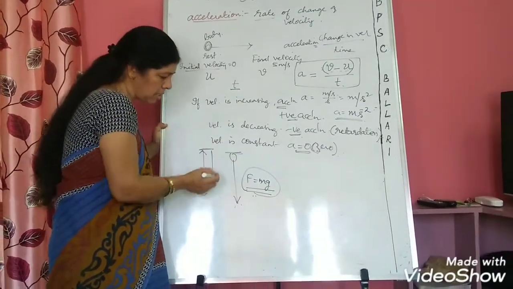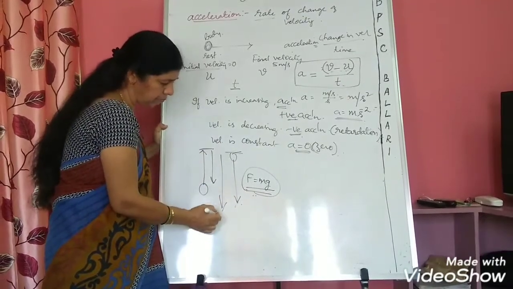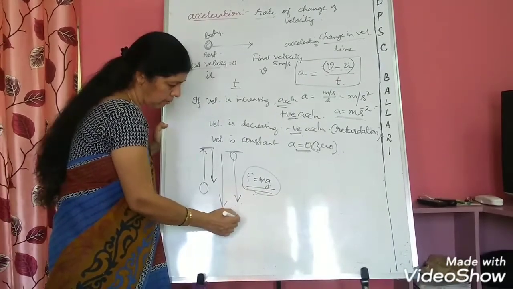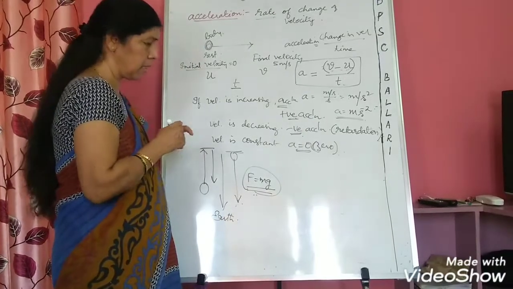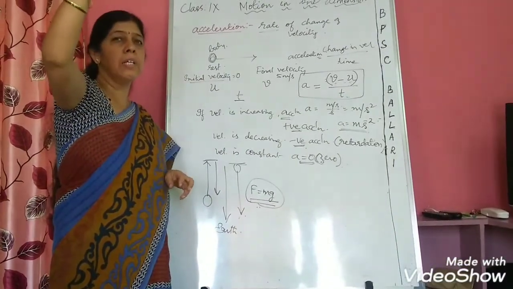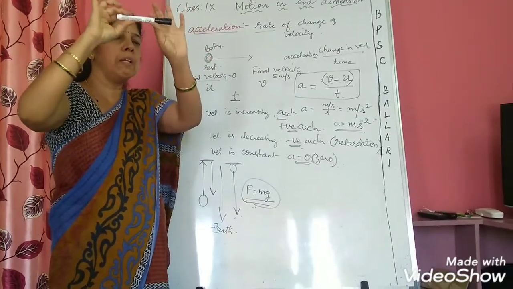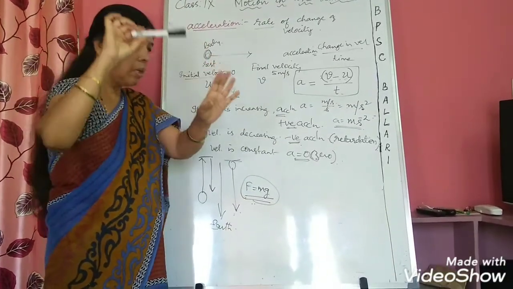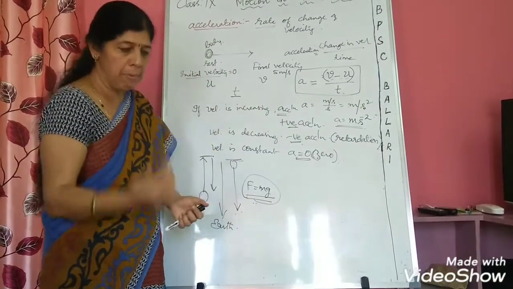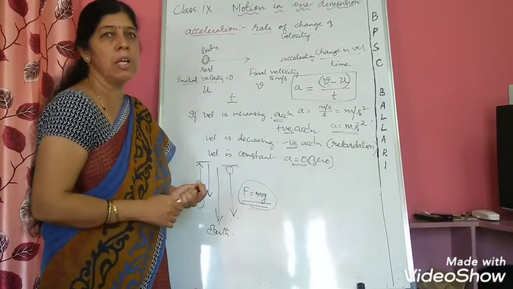Now, when the body is traveling towards the earth, suppose I drop this pen from a certain height, then initially what will be the velocity of this pen? Its velocity will be zero. Now, when I drop this pen, as the pen reaches the ground, its velocity goes on increasing.